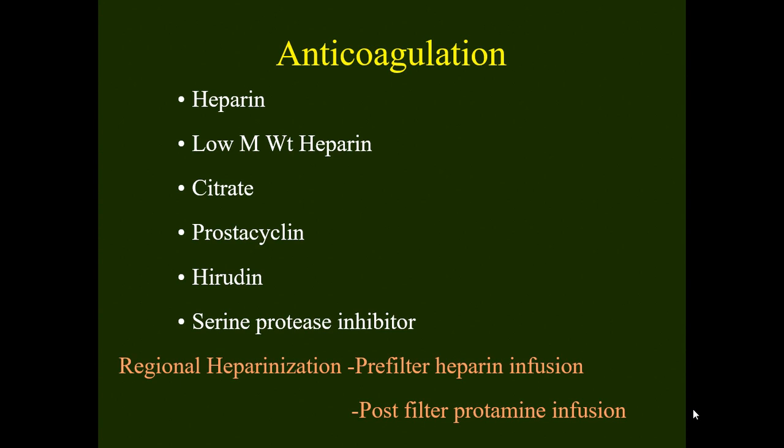So there you always need an anticoagulation. It can be heparin, and what is the dose you are trying to target? Generally, you give a 25 units per kg loading dose and then 5 units per kg per hour, targeting an APTT of 60 to 70 or 70 to 80, somewhere in that range.